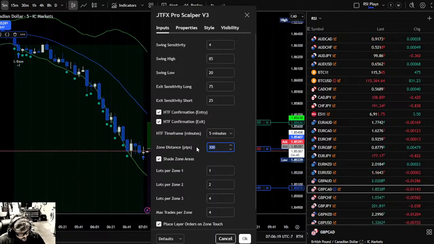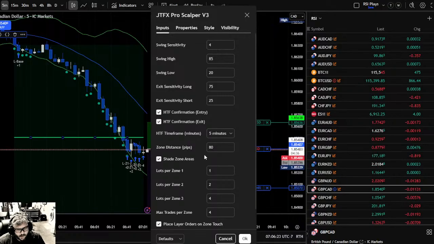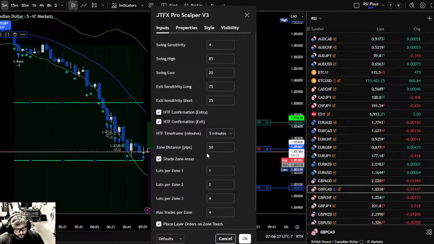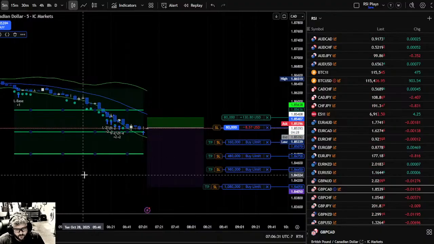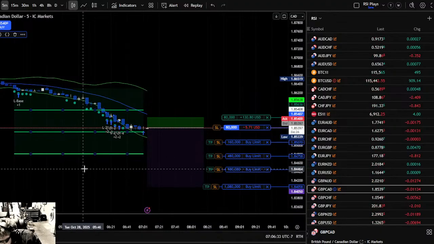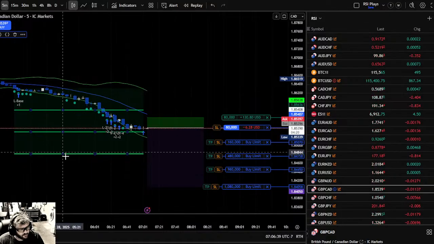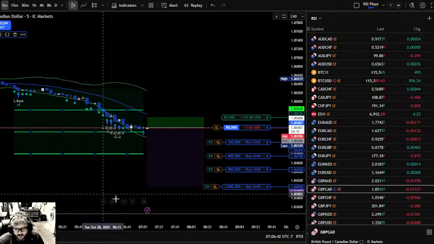That's too big. Maybe 80? That's still too big. Yeah, that would be about right. This is a tool I just made using ChatGPT.